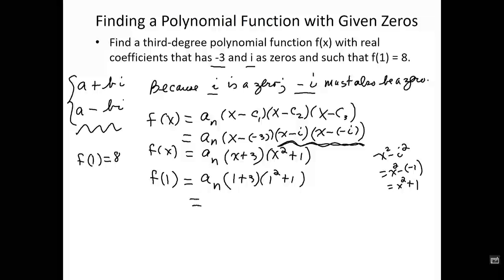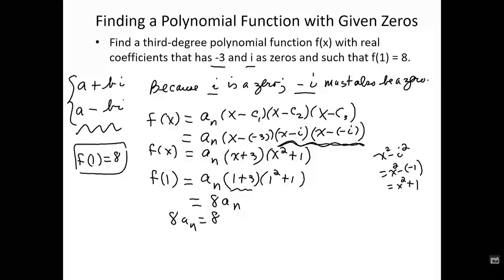Simplifying, 1 plus 3 is 4. 1 squared plus 1 is 2. 4 times 2 is 8. So we get 8a sub n. But we know that f of 1 is equal to 8, so I can conclude that 8a sub n is equal to 8.